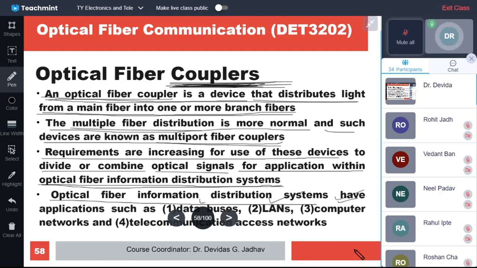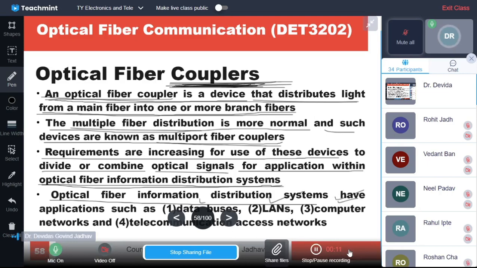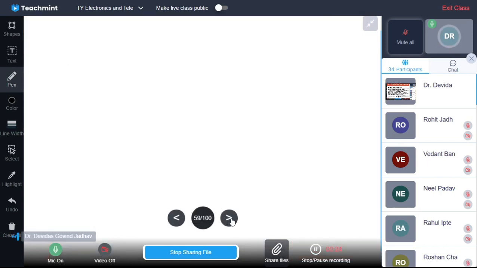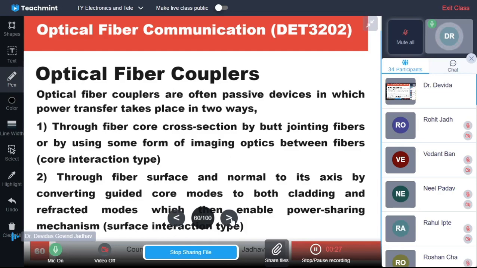So multiple fiber distribution is there, and that requires couplers, called multi-port fiber couplers. This requirement is increasing day by day because optical fiber information distribution systems are growing day by day, with applications in data buses, LANs, computer networks, telecommunication access networks, etc. So these are the optical fiber couplers.